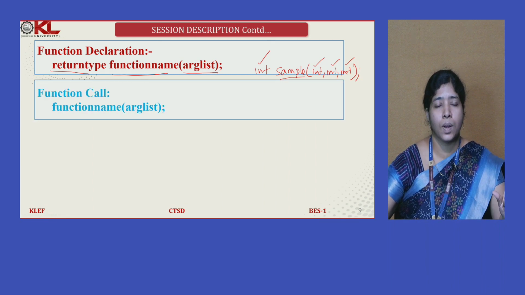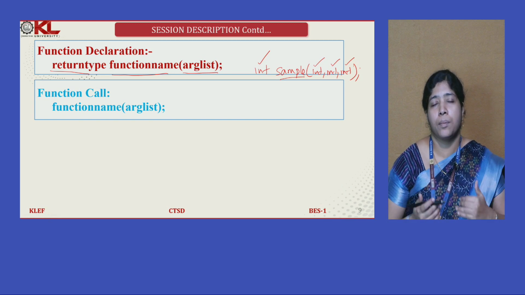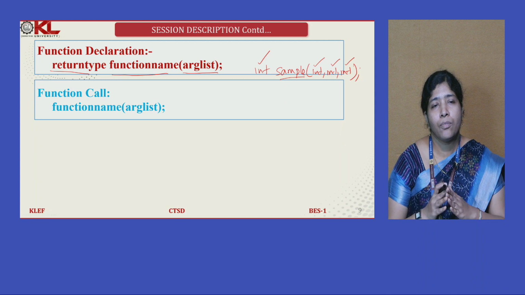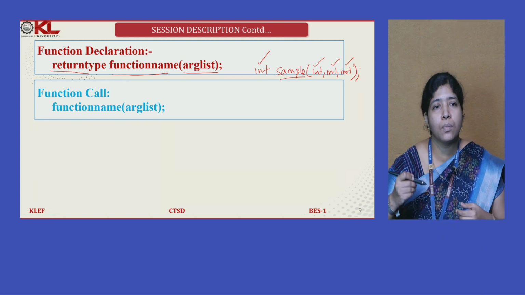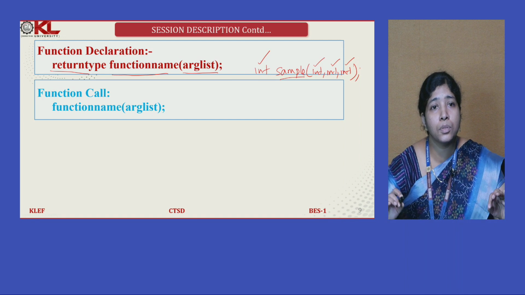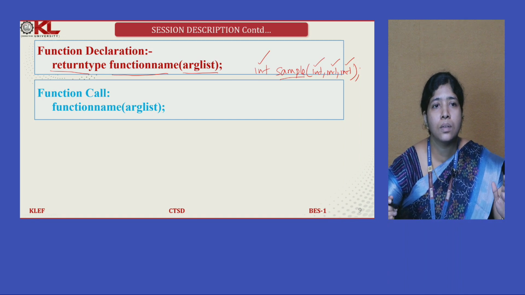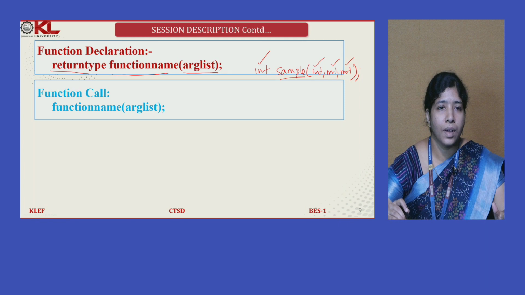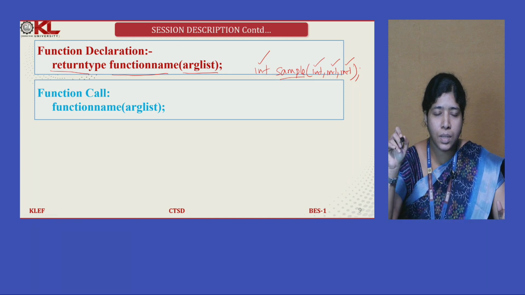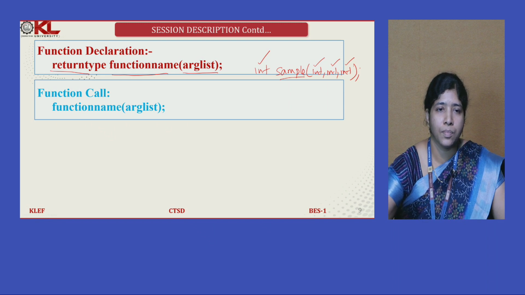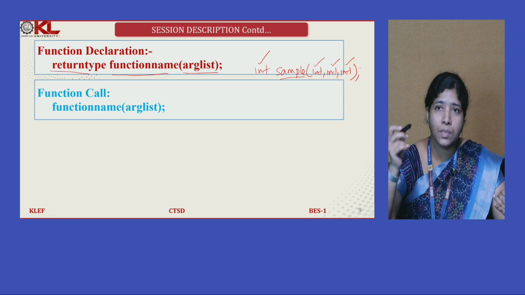Okay, then the second one, function call. The function call is nothing but invoking the function. If you have declared it and you do not use it, there is no point. You have to use it, and to use it you are supposed to invoke it. Invoking means a function call, right? Fans are available, but until and unless I switch them on, there is no point. So how to use them?